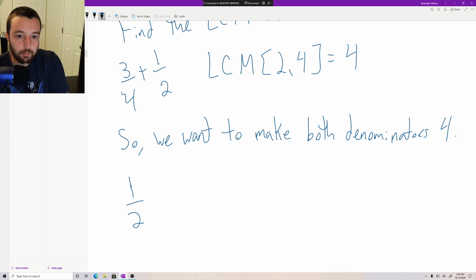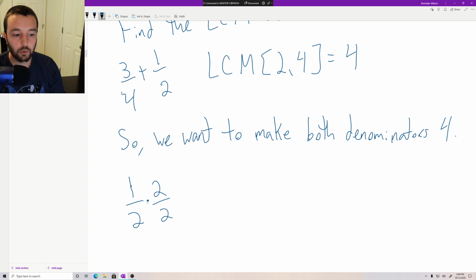Well, let's think about multiplication. If we were to multiply the bottom number by 2, then we would have 2 times 2, which is 4. Is there any way we can do this, though? Well, we can't just multiply the denominator by 2 by itself, because now this would be a whole different problem. But notice if we multiply the top by 2 also, then what are we multiplying by overall? 2 divided by 2 is 1. If we multiply something by 1, it doesn't change what the number is, right?